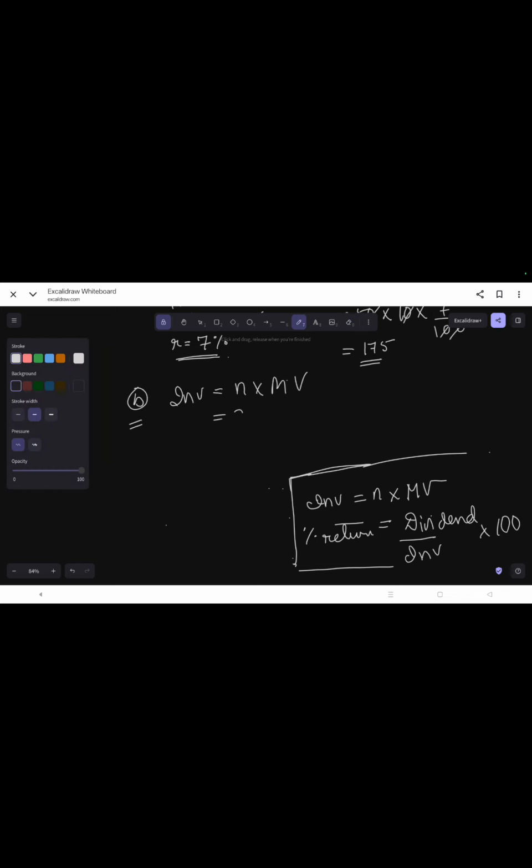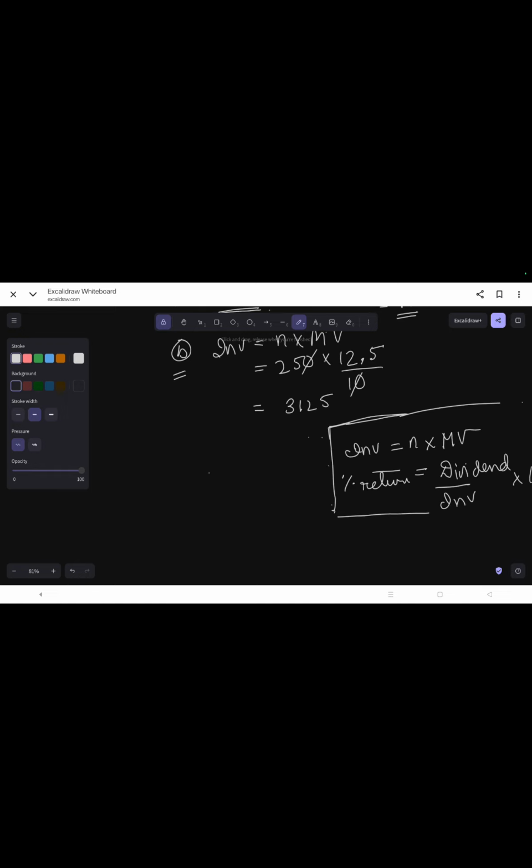N is 250, MV is 12.5. The point goes off, it becomes 10, cancel it out. Now multiply: 25 into 125 is 3125. So this is the investment.